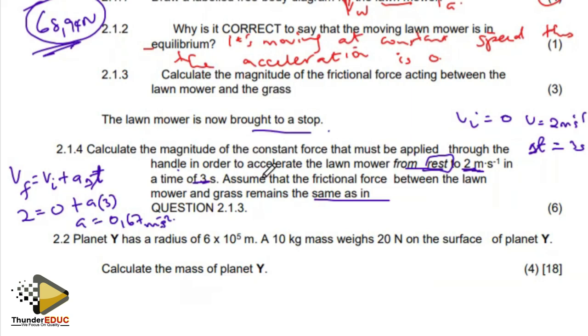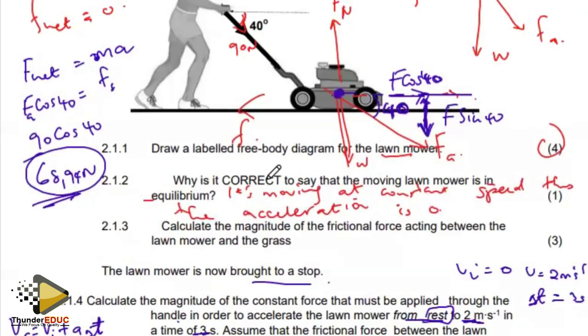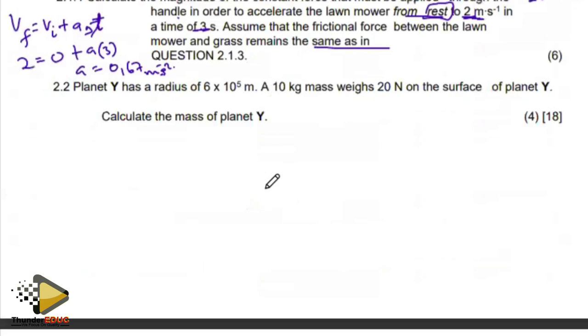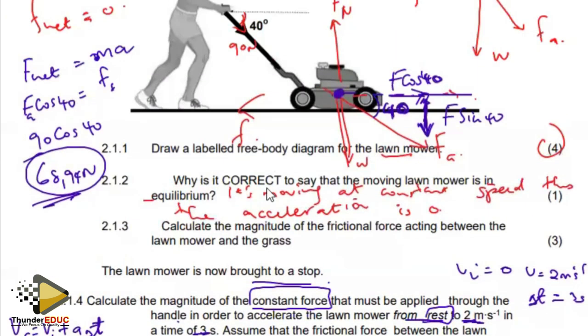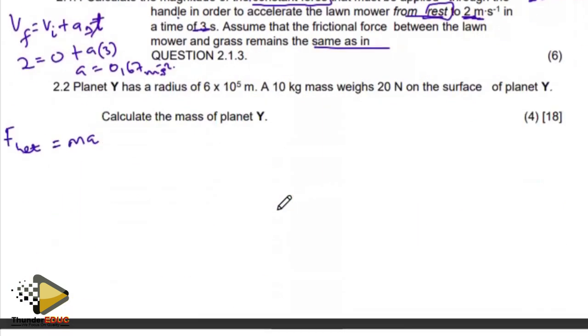Then if I bring in F net is equal to MA, what I need is the constant force, which is F. But we know that the horizontal component has to be F cos of 40, so that's what I'm going to use.